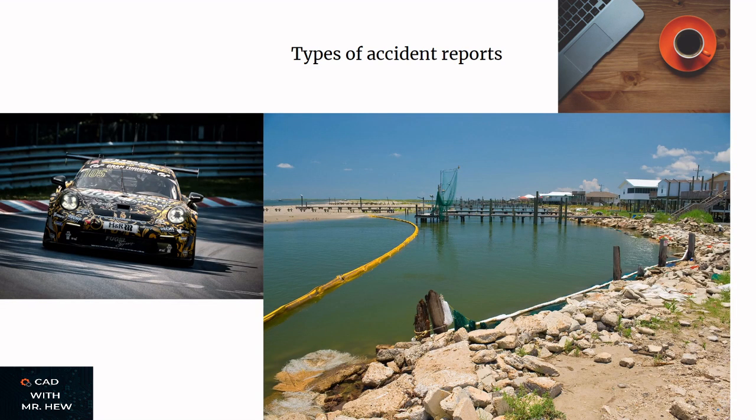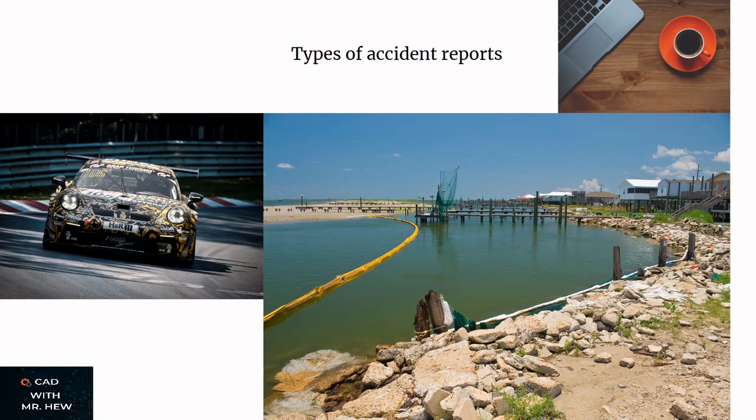Here it is shown in the two pictures below the title. On the left you have a car, and on the right you have a picture which shows a barrier used to separate the left side of the water from the right side of the water.